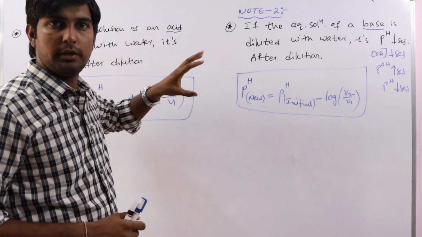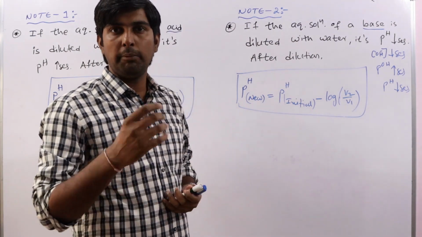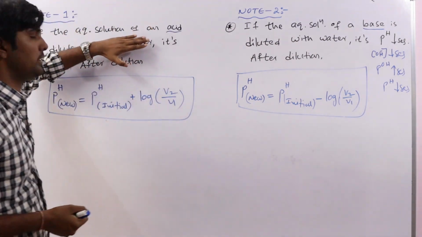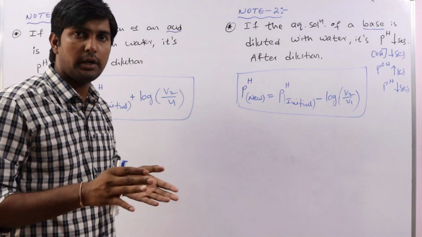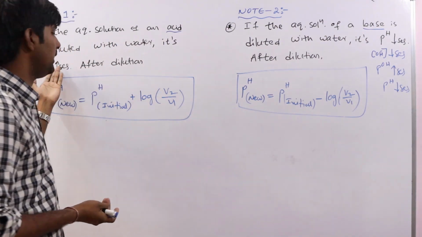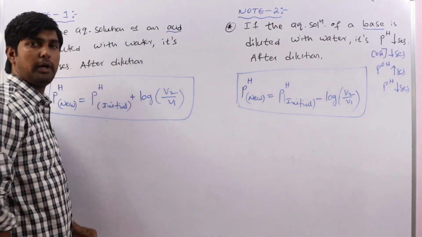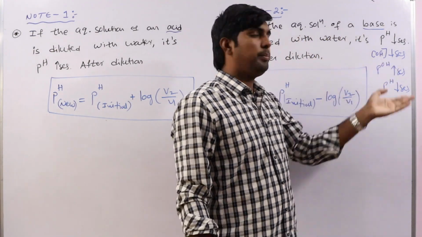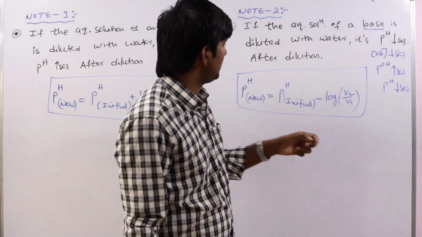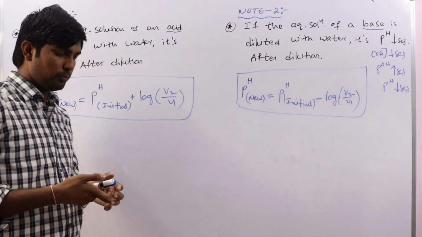What is the concept? These formulas also we have to remember by the application of concept. When an acid solution is diluted, H plus ion concentration decreases, so pH increases. So here we get initial pH plus log V2 by V1. And when a base solution is diluted, pOH increases, so pH decreases, so here we get initial pH minus log V2 by V1.